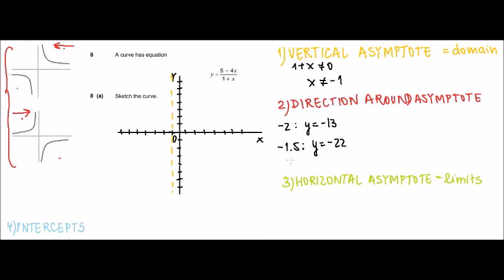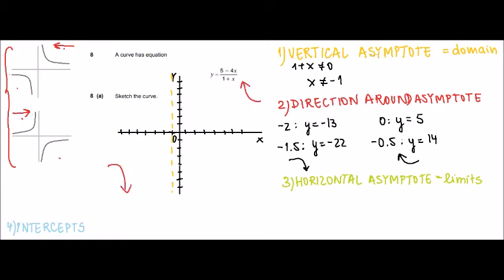This means that it is decreasing from the left. From the right, we can take a look at x equal to 0 to get y equal to 5, or x equal to -0.5 to get y equal to 14. This means it's increasing from the right. On the graph, it will look like this.